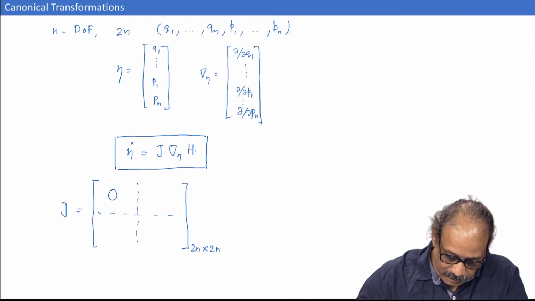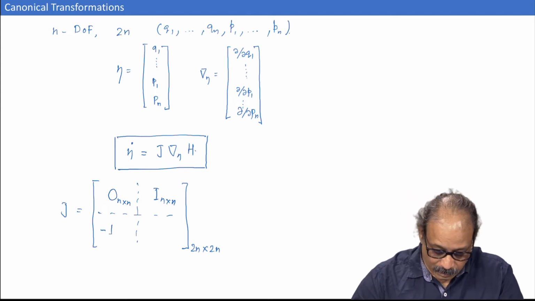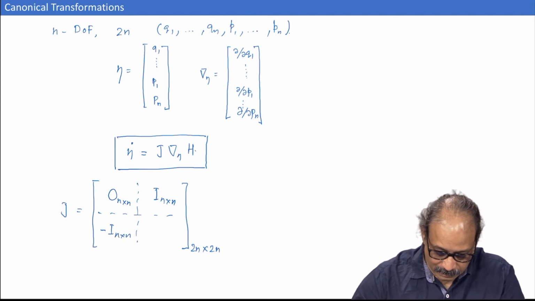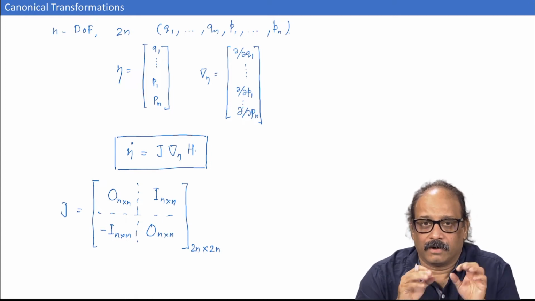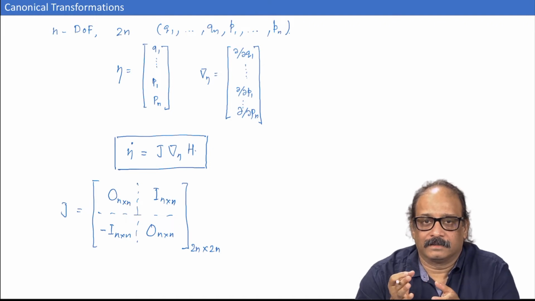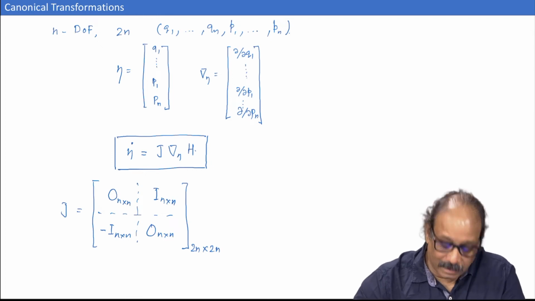So, what goes here, I will denote as 0 matrix, identity matrix. In the lower side you have minus identity matrix and a 0 matrix. The 0 matrix is the one where all entries are 0, and identity is of course something we are familiar with. So, the structure of this J matrix is something like this.